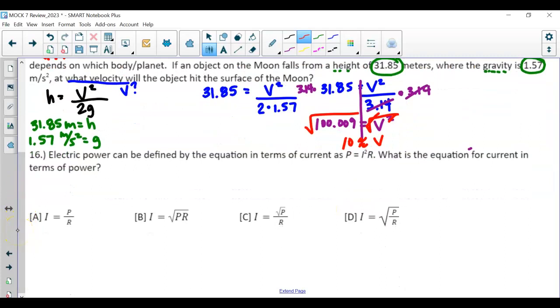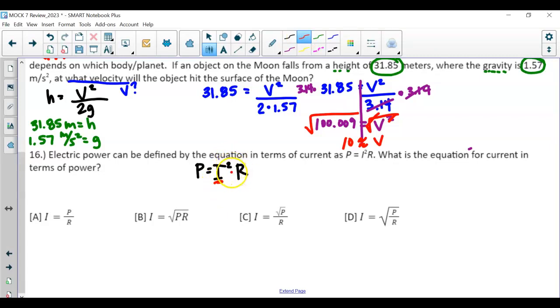Then question 16, we are given this formula here for electric power. P is equal to I squared times R. What is the equation for current in terms of power? Well, if we don't know what the variables mean, looking at the answer choices, what variable are we solving for? We're solving for I. Notice how I is being raised to the second power, so we have to save that last.